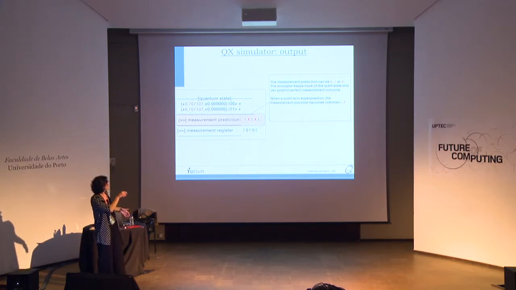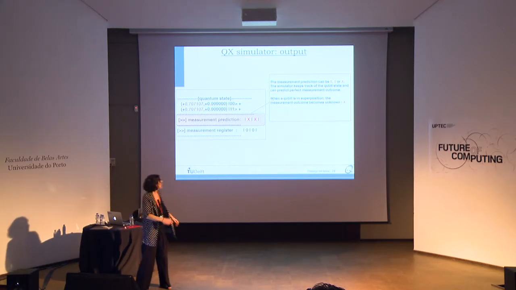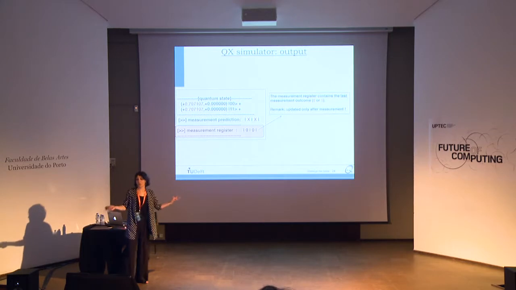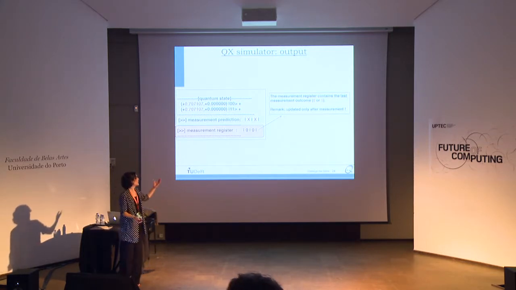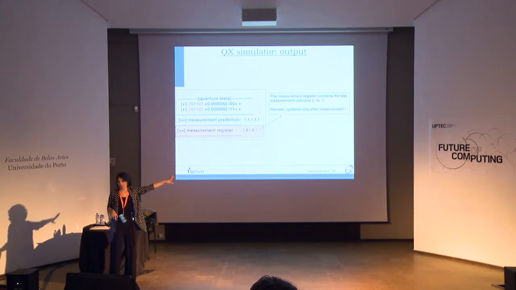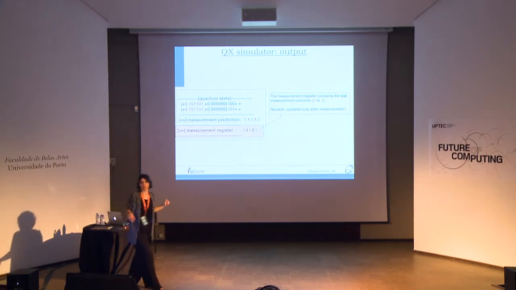That's why the measurement prediction puts, for now, an X there, okay? And the measurement register will contain the last measurement that you have performed, 0 or 1, but it's only updated after measurement. If I don't measure my qubit, by default, it will be in 0. If I perform a measurement, I will get 0 or 1, or it will change. Okay?